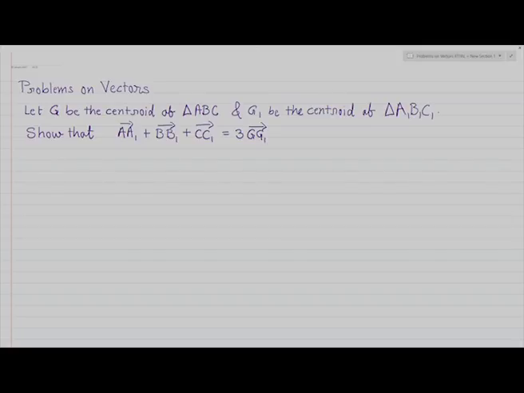Okay. So, some of the things to understand before we actually start the problem. You have been given two triangles in space. So, let us draw it this way.